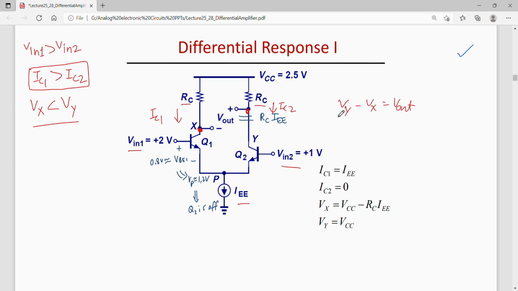So this is my Vout, because Vy is at higher potential than Vx. So the total differential output Vout is Vy minus Vx.